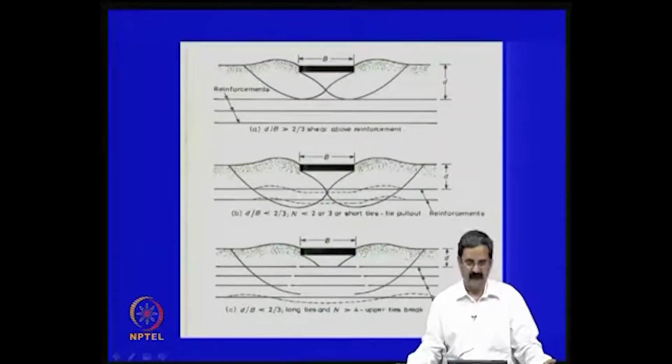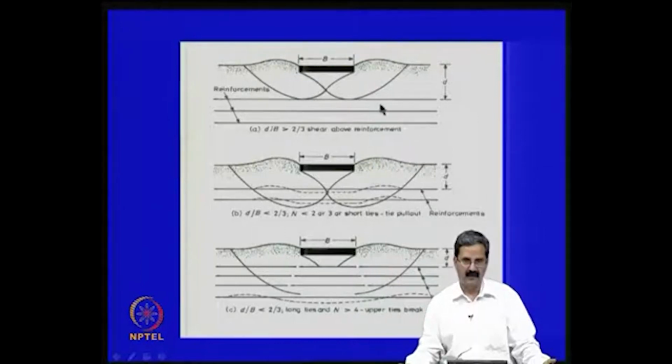There are three types of mechanisms that they said could be possible in the case of reinforced soil. Even if reinforced soil is there, you may put a nice reinforcement here, but if the depth of the reinforcement is, say this is the breadth of the footing, like footing is here, you have to see that this reinforcement is somewhat close to this.